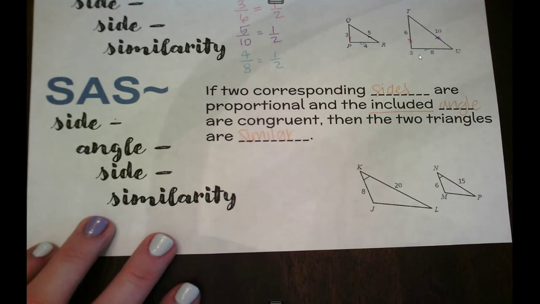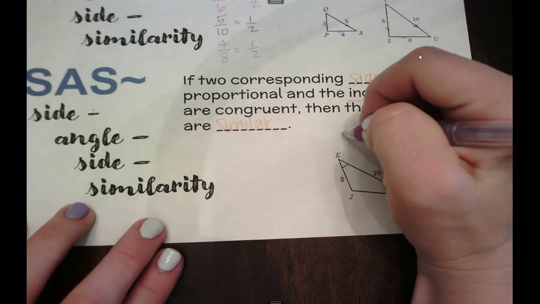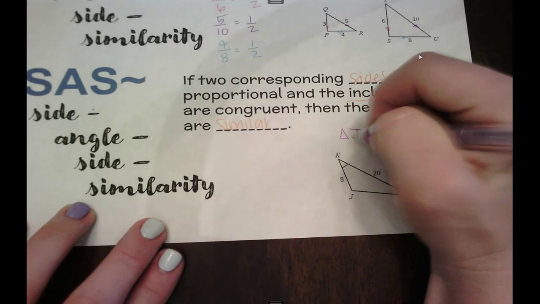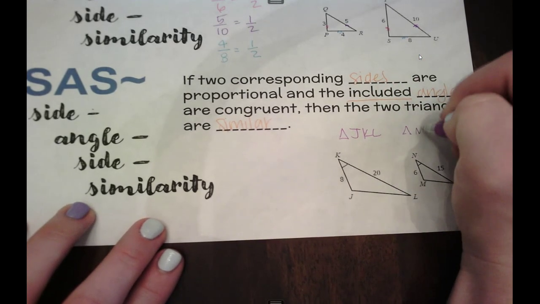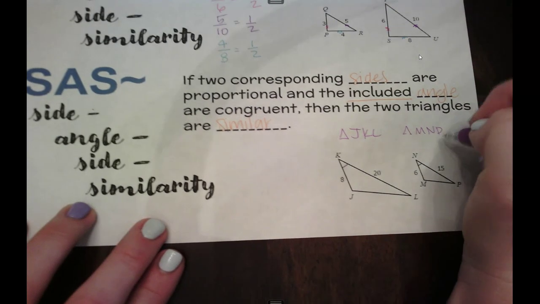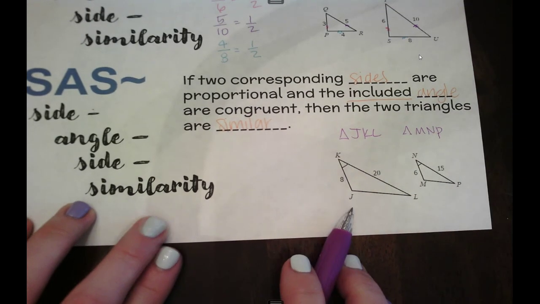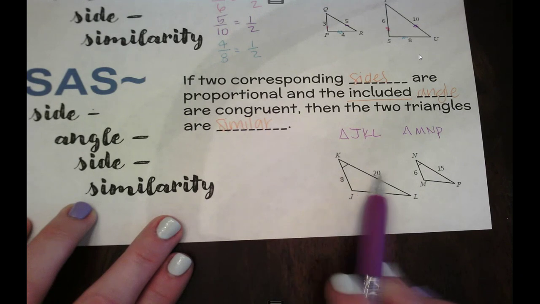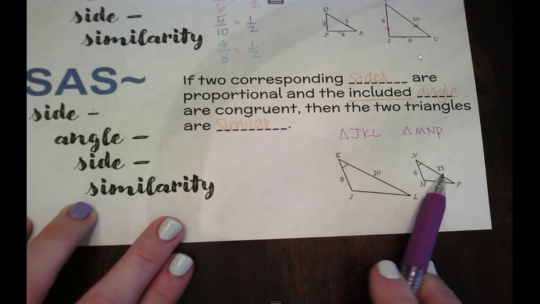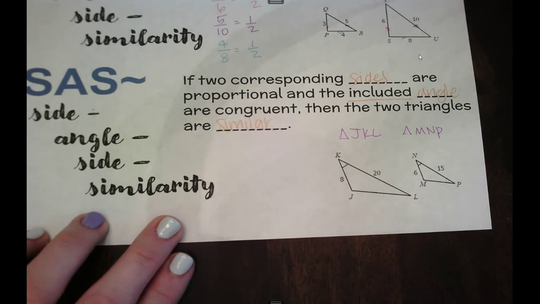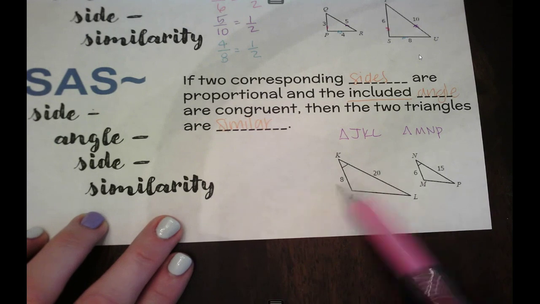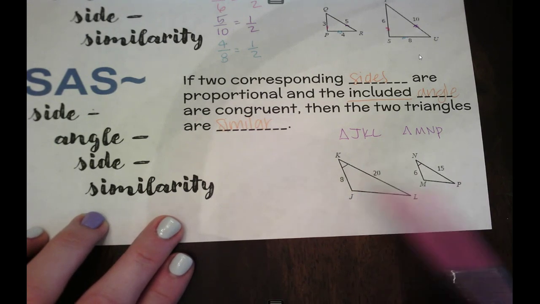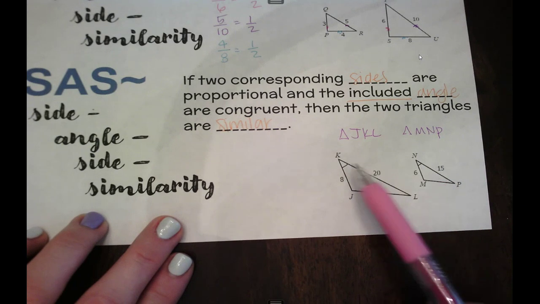Okay, so we can see these two triangles. We've got triangle JKL, triangle MNP. We can see we've got marked a side, an angle, a side. We need this angle that's in between the sides, so that's good already. Are they congruent? Yes, they're congruent because they're marked with one little arch.